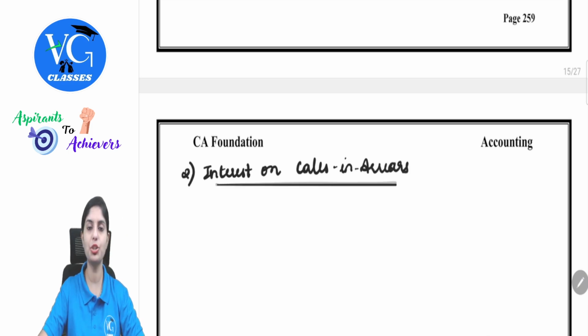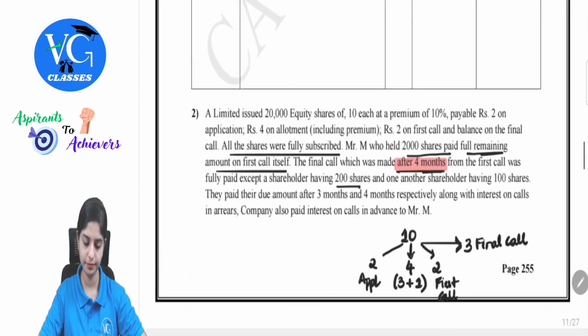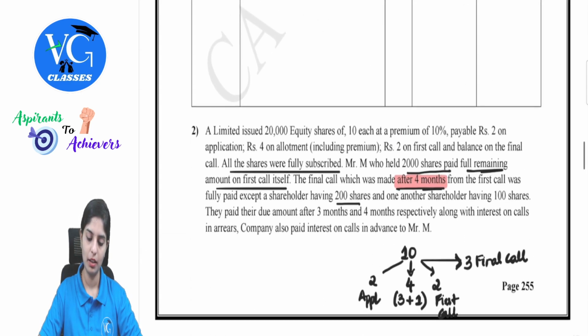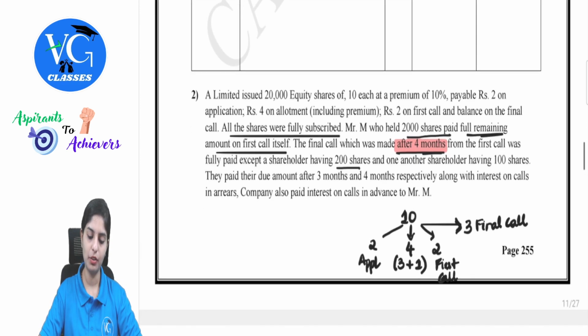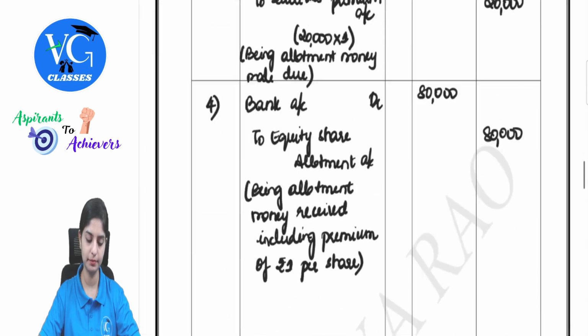There were two shareholders paying at different timelines. From the first call, it was fully paid except a shareholder having 200 shares and one other shareholder having 100 shares. They paid their due amount after 3 months and 4 months respectively. So 200 shares for 3 months and 100 shares for 4 months.